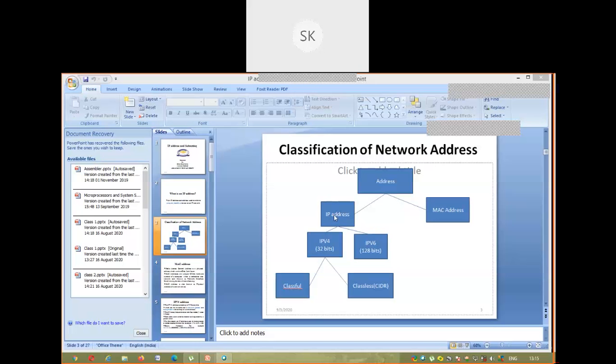Now come to this part, IP address. Again there are two categories of IP address. One is IPv4, that means Internet Protocol version 4.